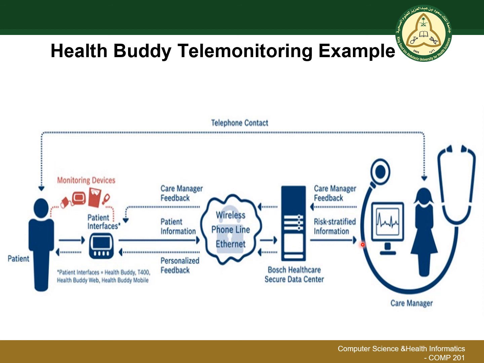Programs will cover 45 disease protocols, and the devices connected to the Health Buddy will be glucometers, blood pressure machines, and also a weight scale and peak flow meter for asthmatics.